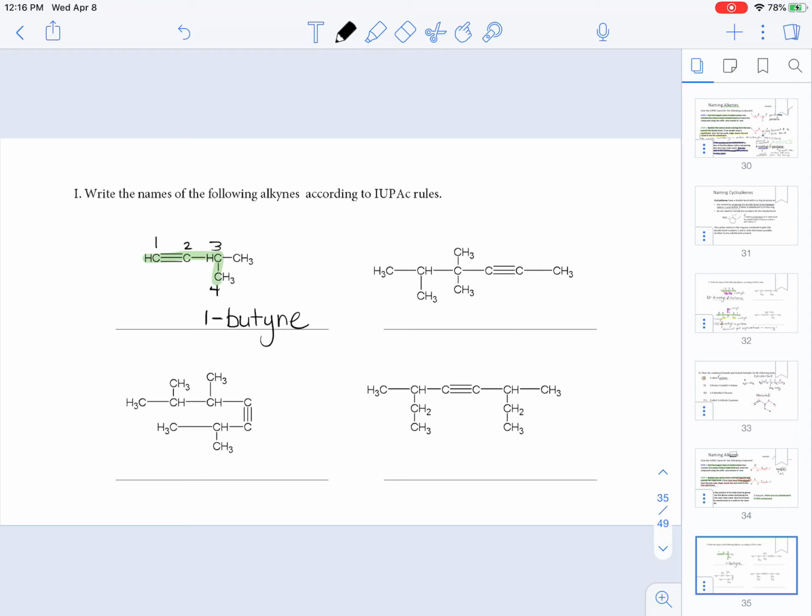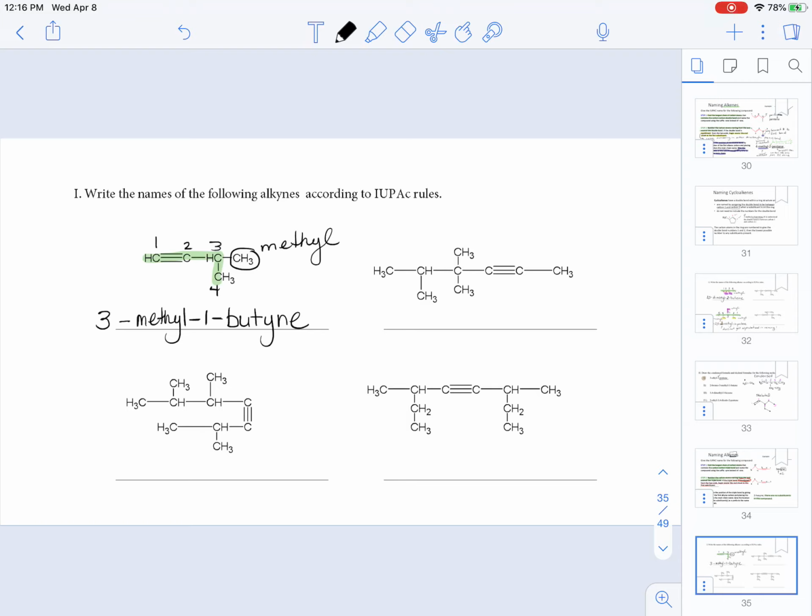Then as a prefix of all of this, I'm going to write the name of the substituent, which in this case we only have 1, and it's a methyl group. And then I'm going to write the location of that methyl group, which is on carbon 3. Let's proceed to the next molecule.